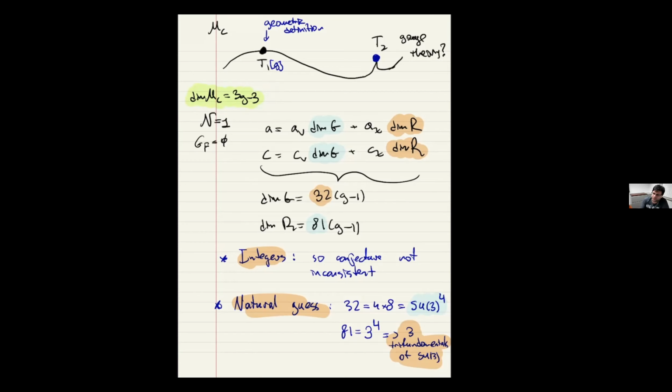So when we compactify on a Riemann surface, we generically would expect a (3g minus 3)-dimensional conformal manifold. It doesn't have any global symmetry. And we know its a and c anomalies. So we can ask ourselves, is there a point on this conformal manifold where there is another description, for example, in terms of a conformal gauge theory?